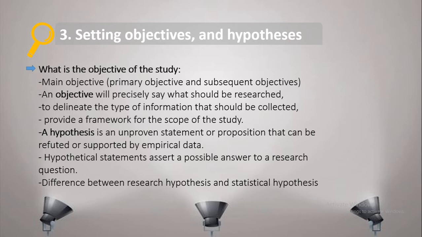Means by looking at the objective of the study, one can judge what type of study it is, what the scope of your study is, and whether your study can be generalized to some population or some other setting. All these things can be judged from your objective of the study.